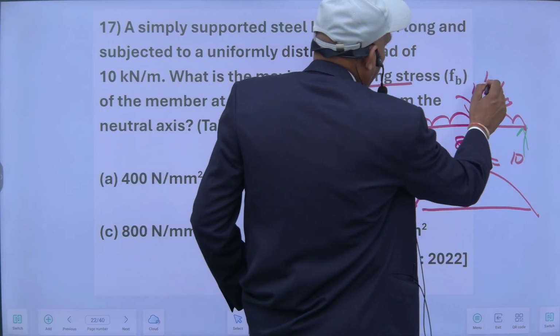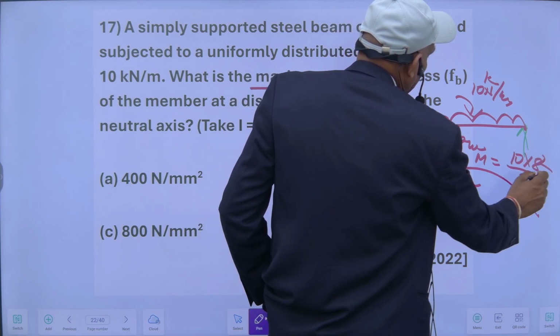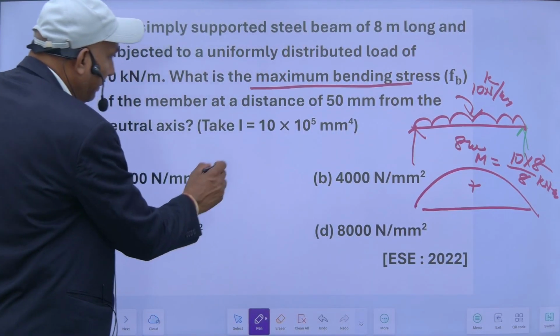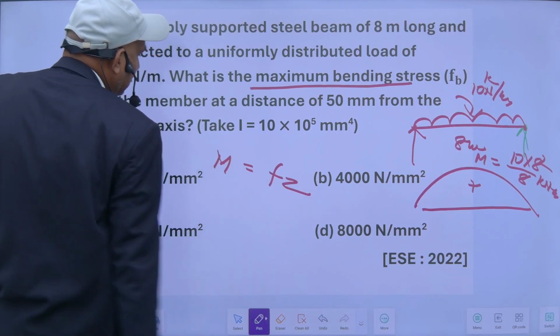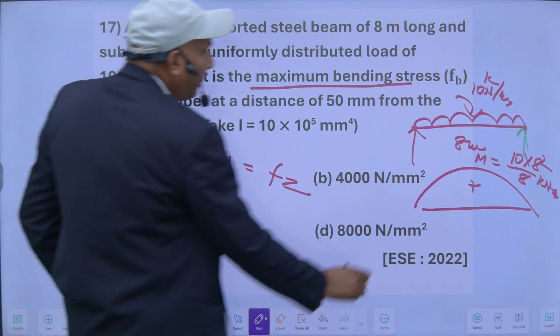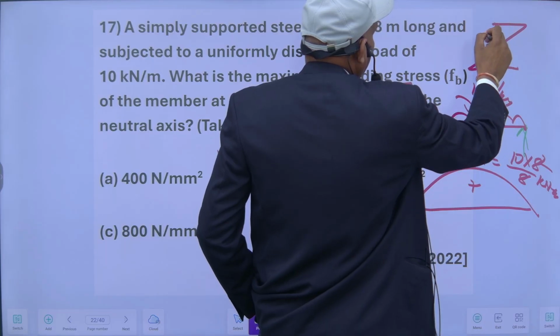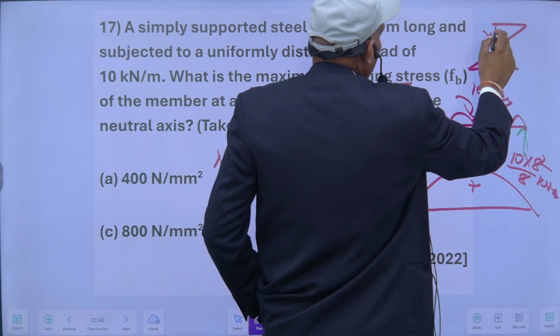So this is in kilonewton, 10 into 8 square upon 8. So this is in kilonewton meter, the maximum bending moment. And this M is equal to f Z, on the top fiber. This is y max.